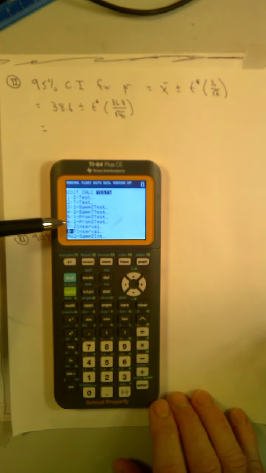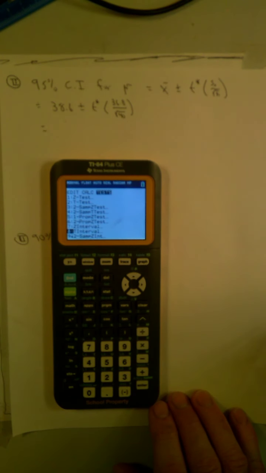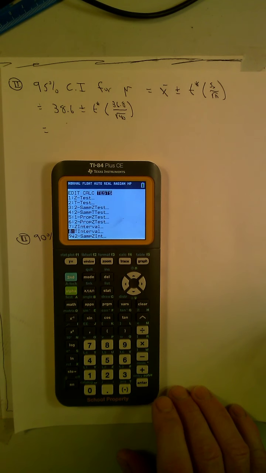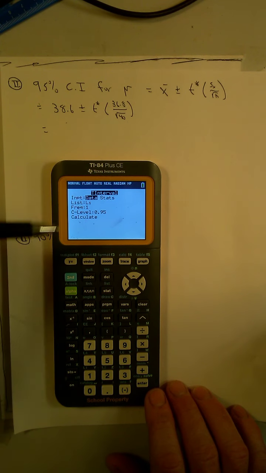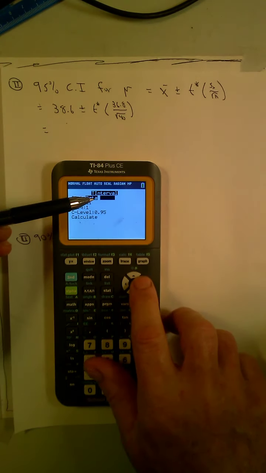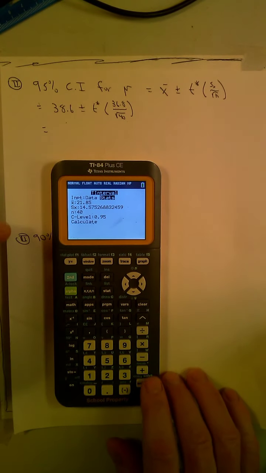We're using a t star score. Just doesn't quite want to focus. Okay, and then enter, and then the information. We don't have data, we have the statistics. So go over to statistics, hit enter, put in your information.